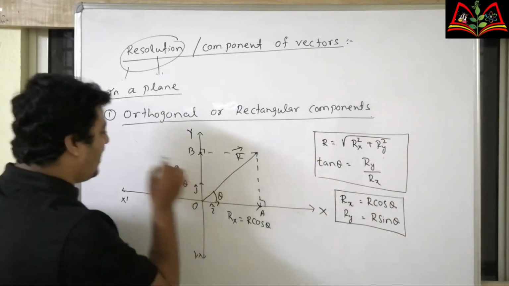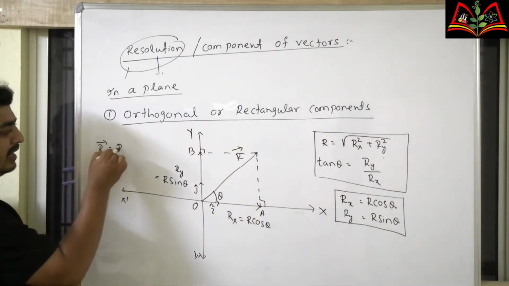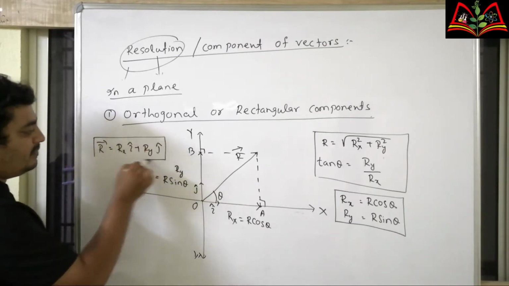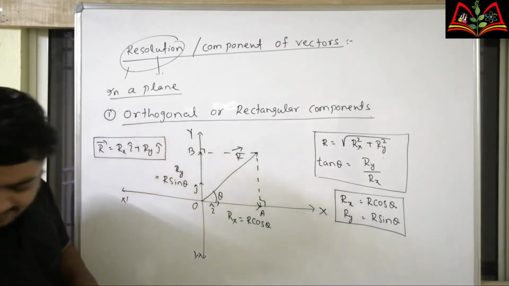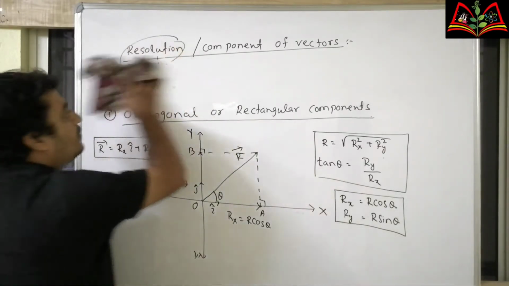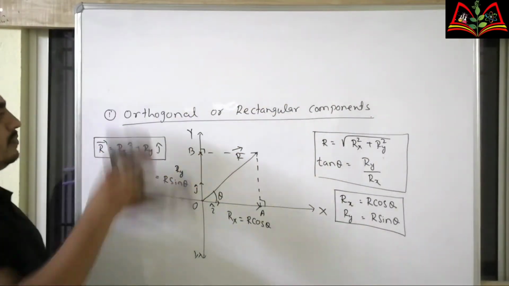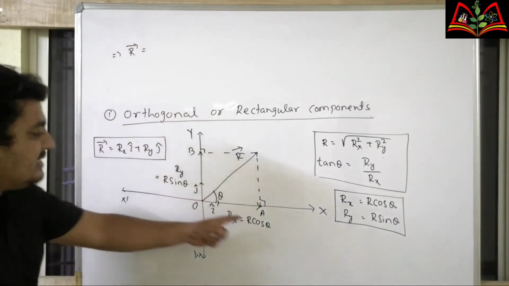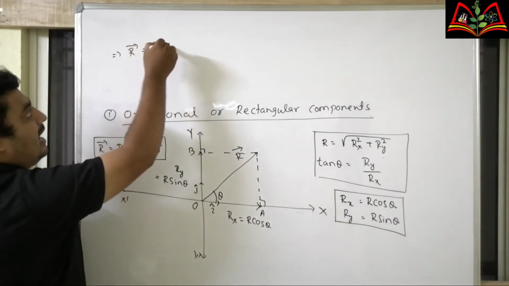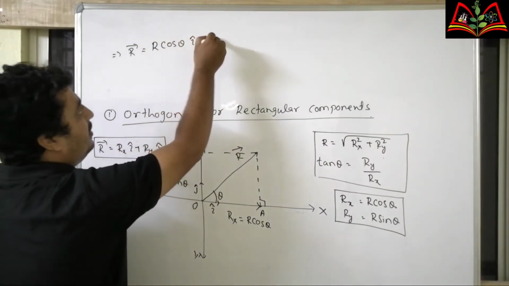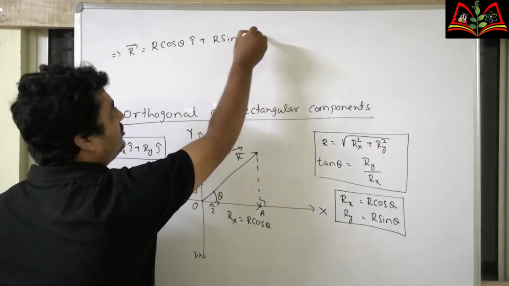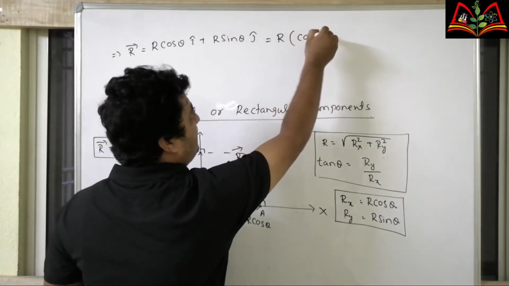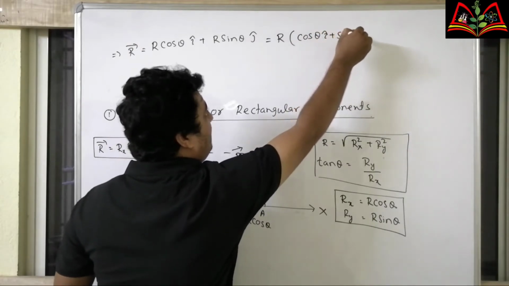Now, we can write vector R equal to Rx i cap plus Ry j cap. So, R will be, instead of Rx, we can write R cos theta i cap plus R sin theta j cap, equal to R common, cos theta i cap plus sin theta j cap.